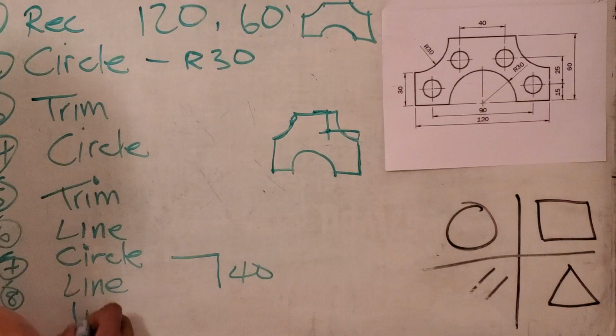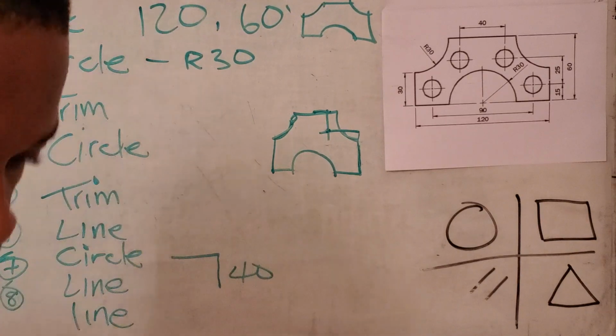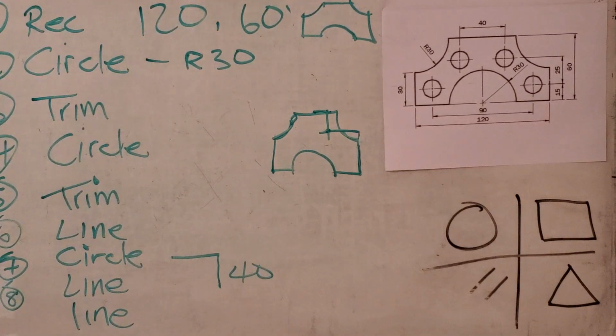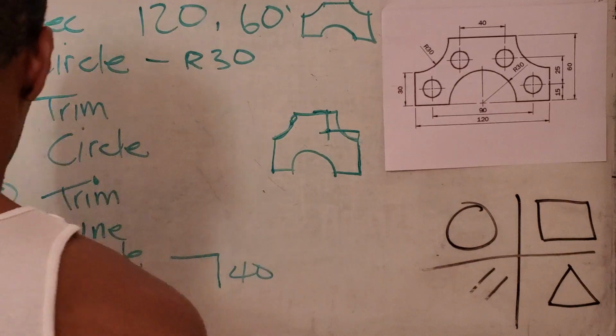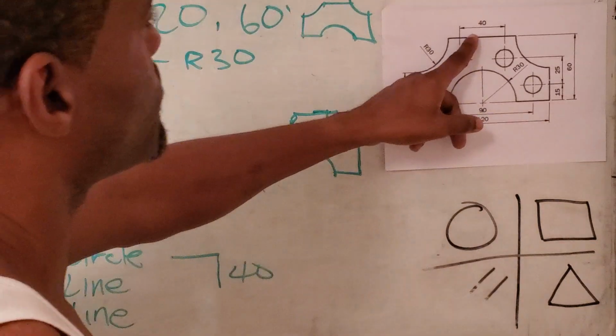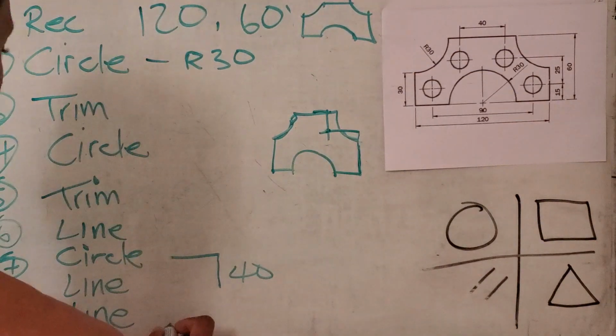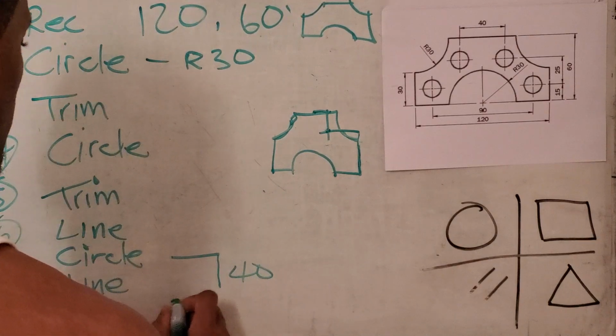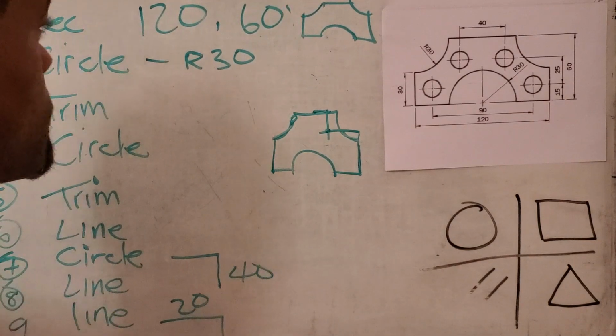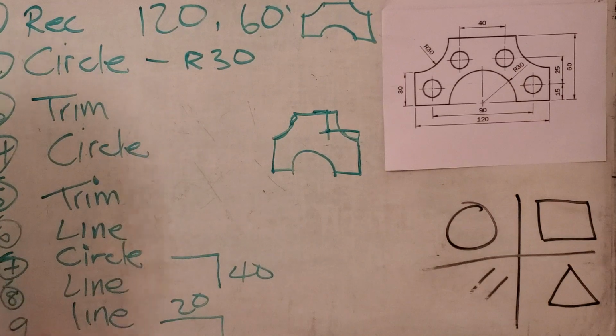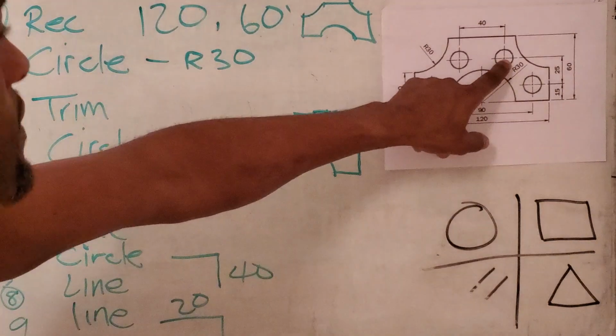Next line, from here 20 and then down. At the point where they meet is the center for this.